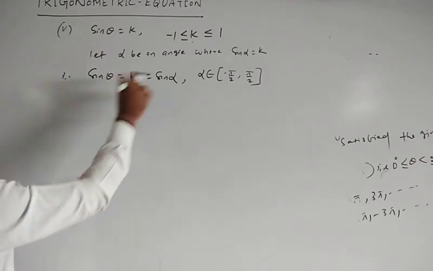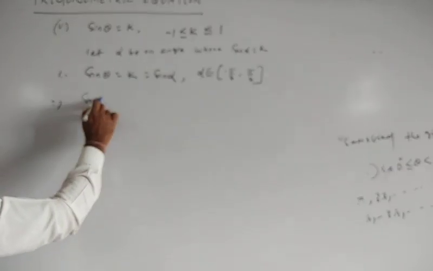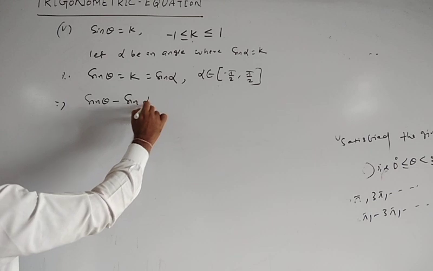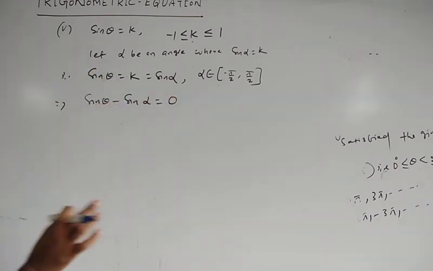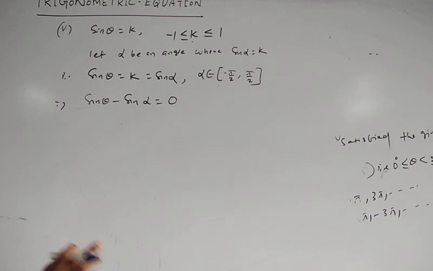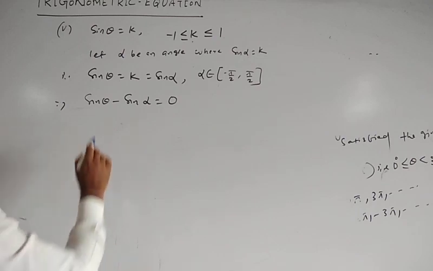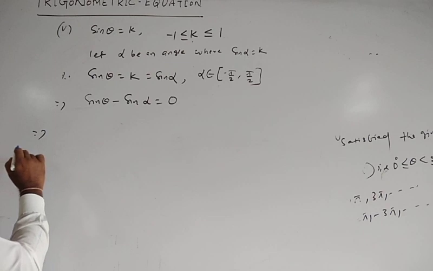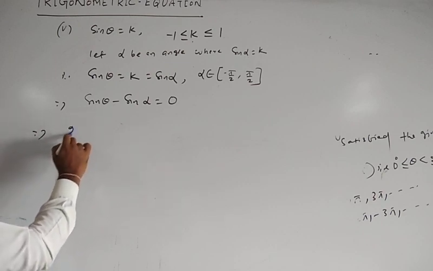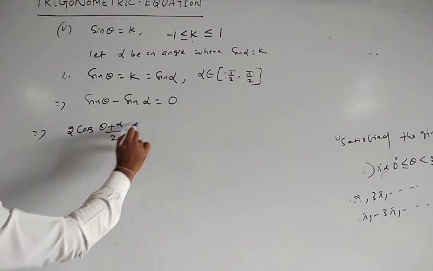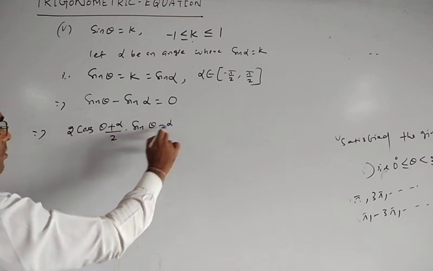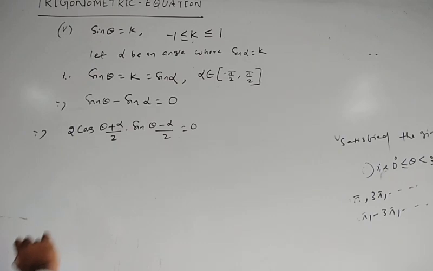Sin theta is equal to sin alpha, that implies sin theta minus sin alpha is equal to 0. So actually we find the value of theta in general form. Sin theta minus sin alpha is equal to 0 means you apply the CD formula. This is equal to 2 cos of (theta plus alpha)/2 into sin of (theta minus alpha)/2 is equal to 0.